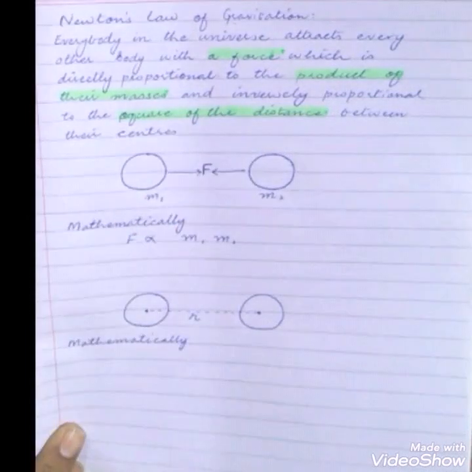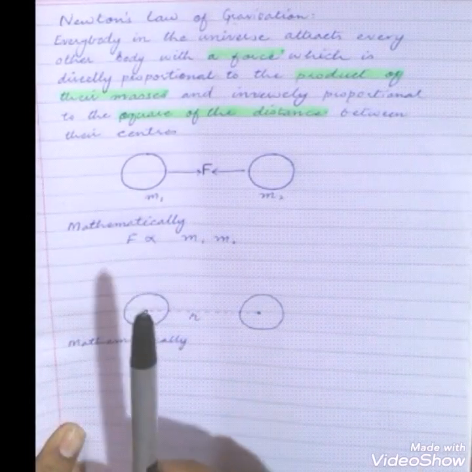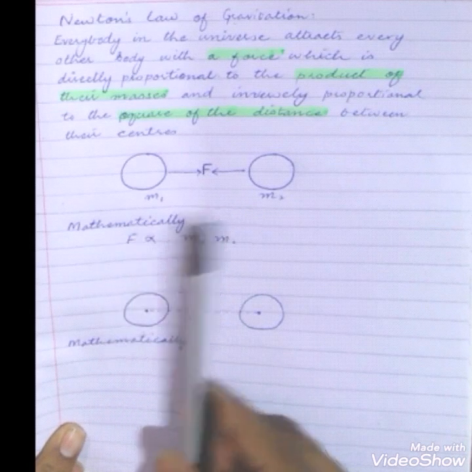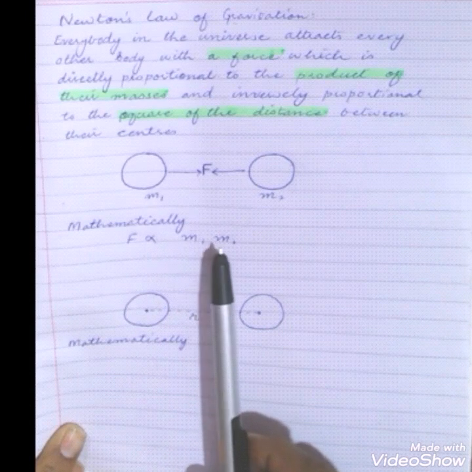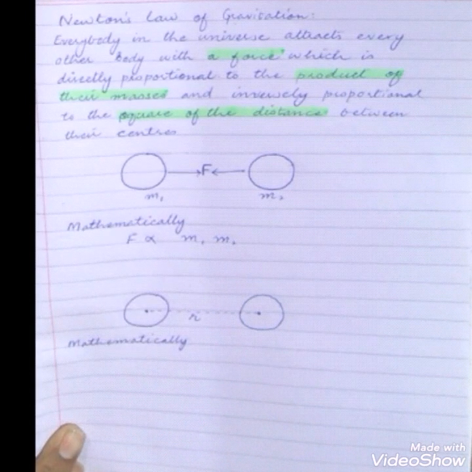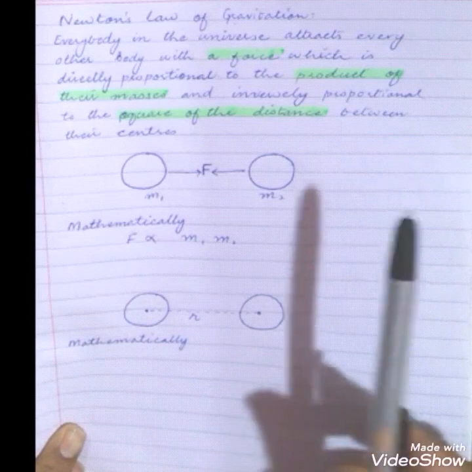So we can write the first part of Newton's law of gravitation in this way, that the force of attraction between the two objects depends directly on the product of mass 1 and mass 2.